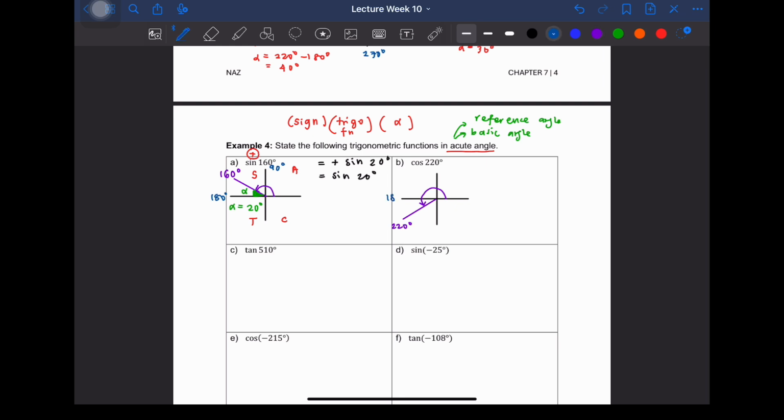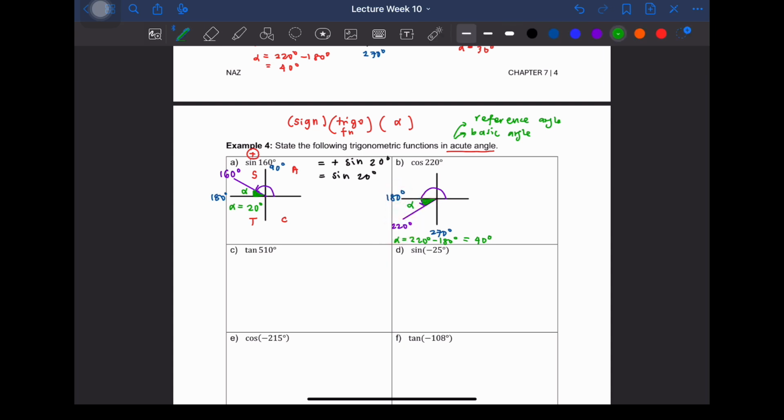Over here we have 180 degree, down here we have 270 degree. And then our alpha is located over here, the small one, this is our alpha. So how are we going to find our alpha? Kita tolakkan sahaja. So 220 degree minus 180 degree, we will have 40 degree. So alpha dekat sini adalah 40 degree, sebab 180 plus 40 degree dapatlah 220 degree.